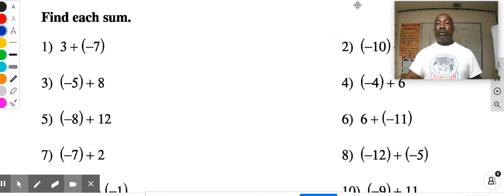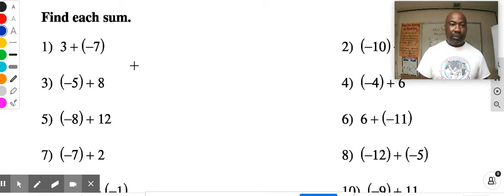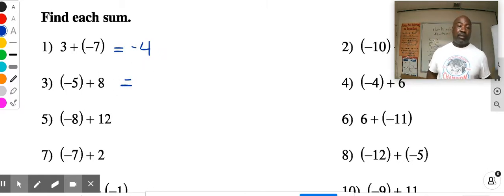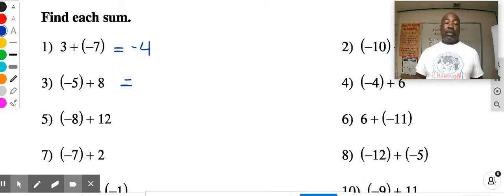Number one, everyone always knows that you take the sign of the bigger one. So therefore, positive 3 plus negative 7 is equal to what? Negative 4. Now let's take a look at number 3. 8 is the positive, right? So once you take that away, what you get is a positive 3, or just 3.